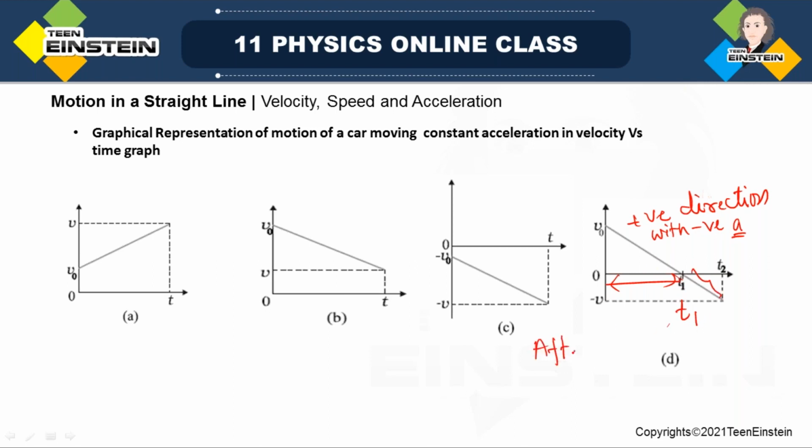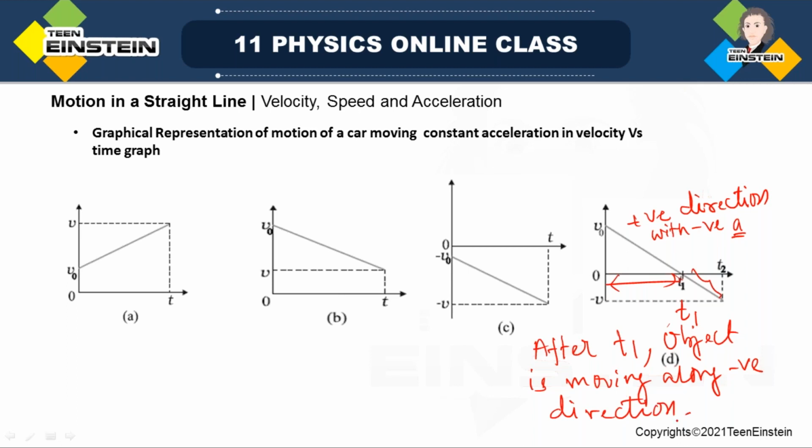So after t1, the object is moving along the negative direction. Obviously you can see there is no change in the slope, so it is moving with the same negative acceleration, but the direction changes.